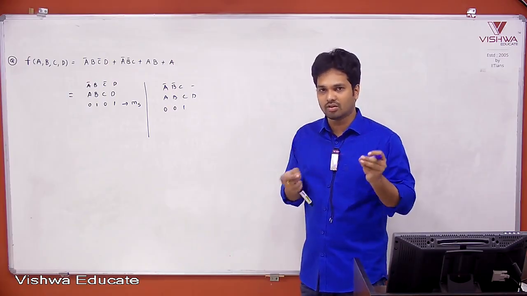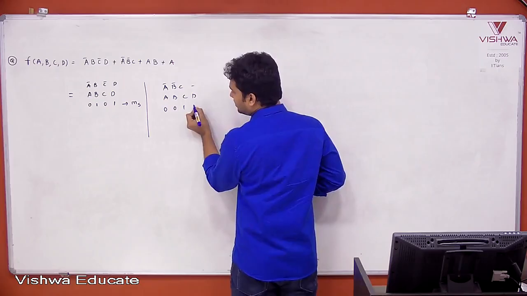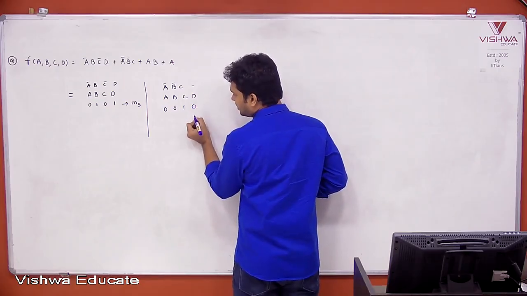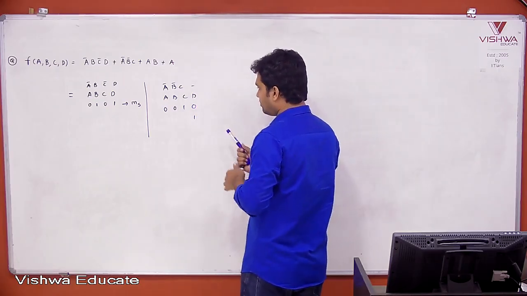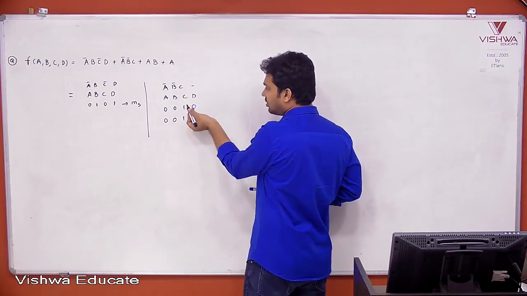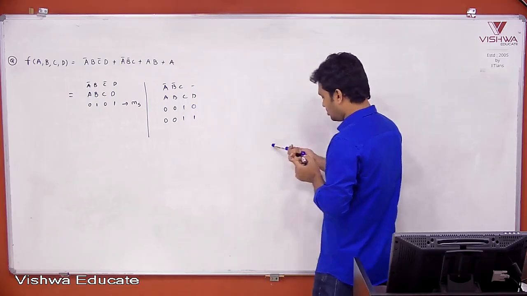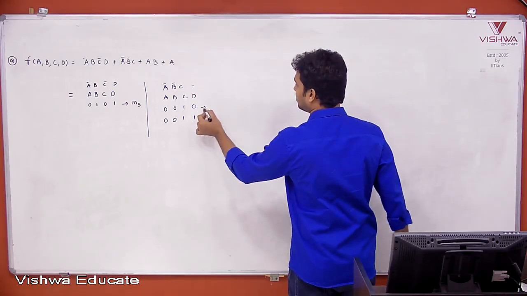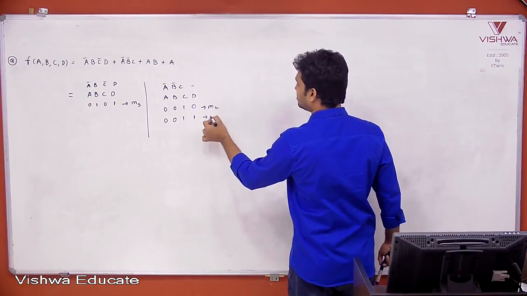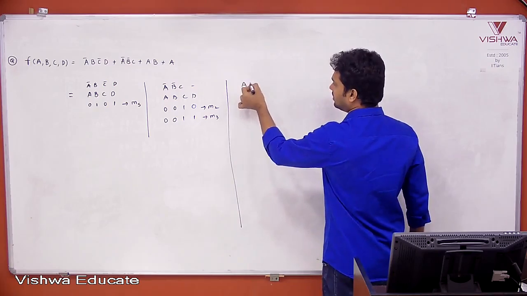D bar means 0, D means 1. So in place of D, you take 0 and 1. This is indirectly equal to D bar plus D only. So what are these minterms? 2 and 3.